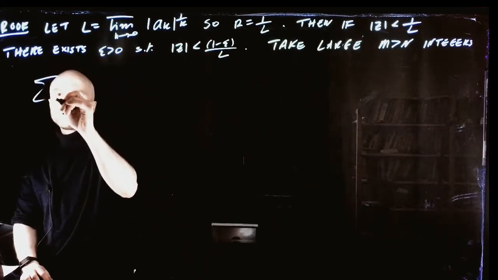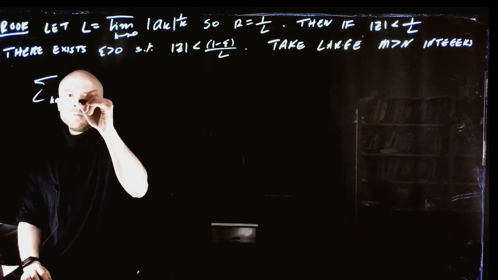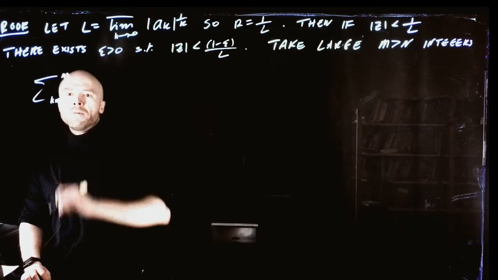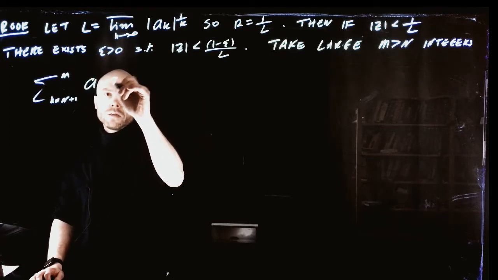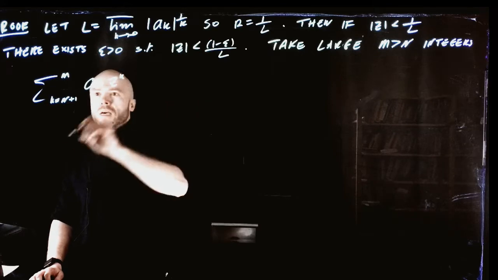The sum from k equals N plus 1 to M of a_k z to the k.